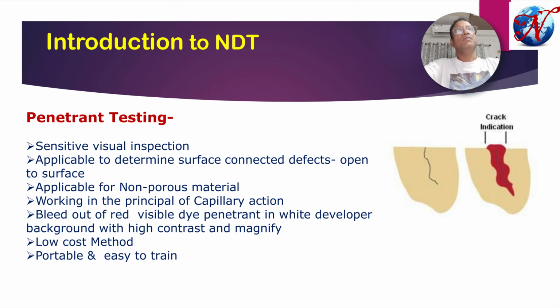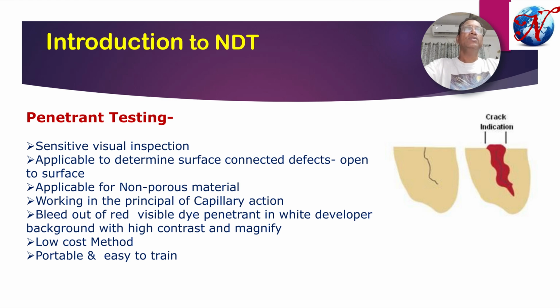We inspect the part by the white image contrast with respect to the red color of the penetrant. Basically, if it's a visible dye we are using, then it is red in color. So on a white background, a red indication will be much more brilliant and prominent, magnified, and we are able to identify the defects.